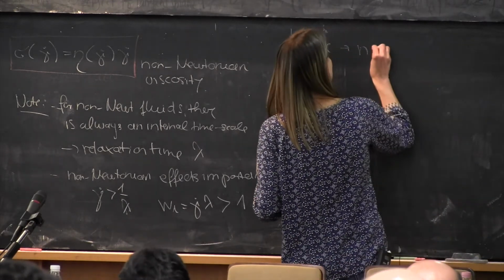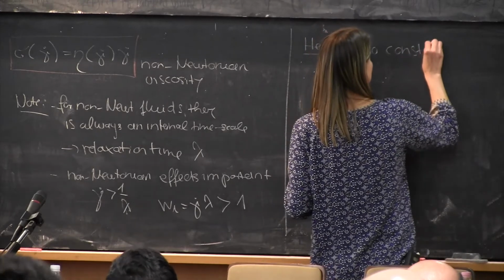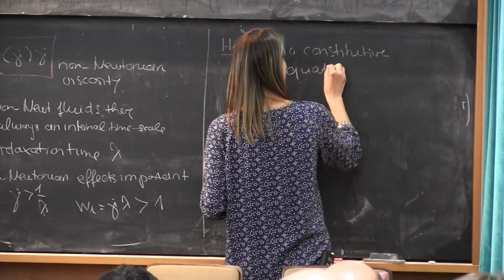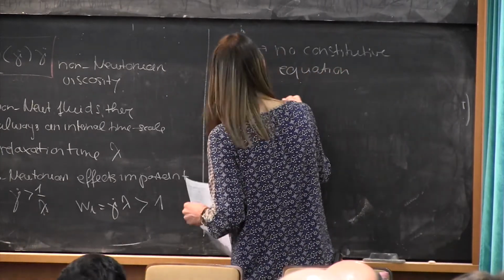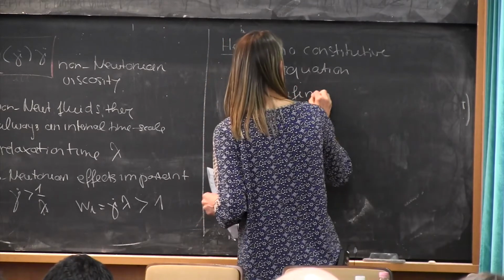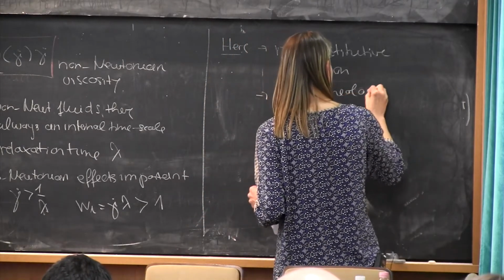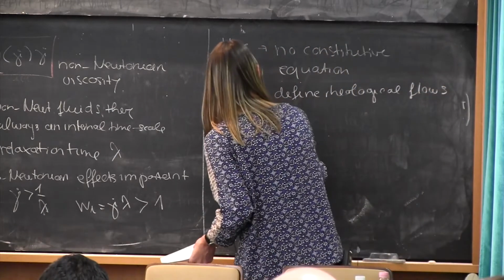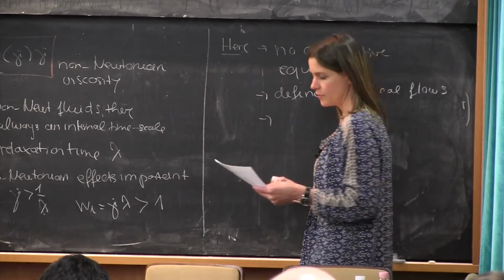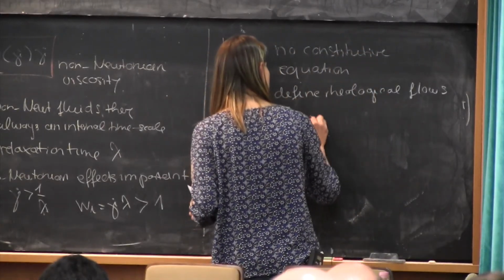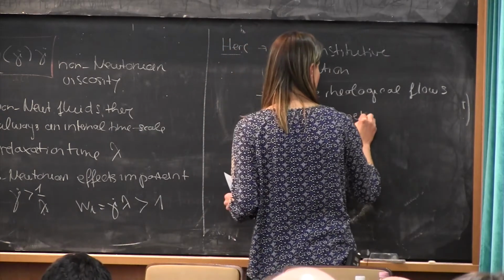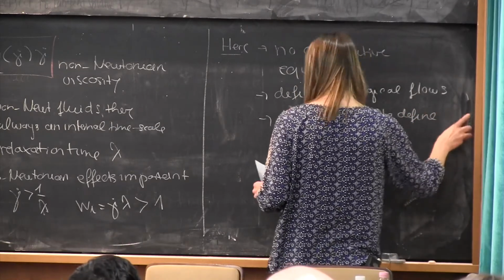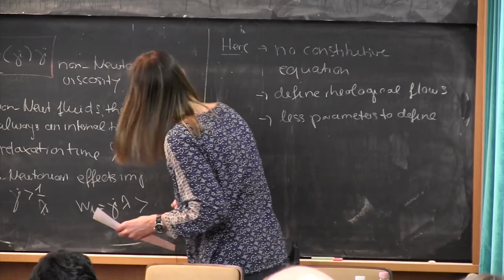So we have no constitutive equation, so what we do is we define rheological flows. We do this because then we have fewer parameters to define. Okay, and that's what I will do now.